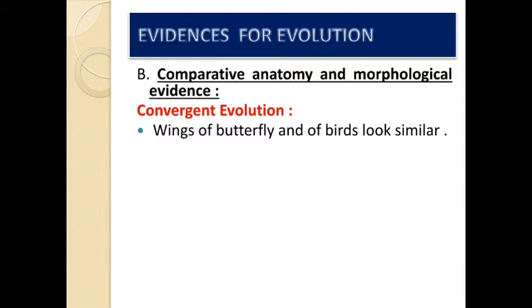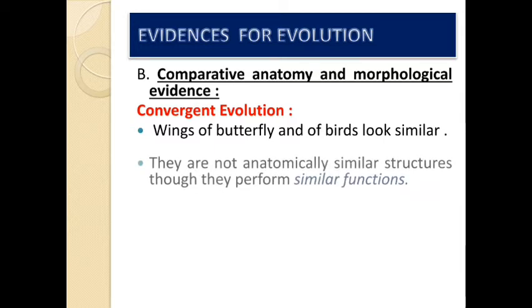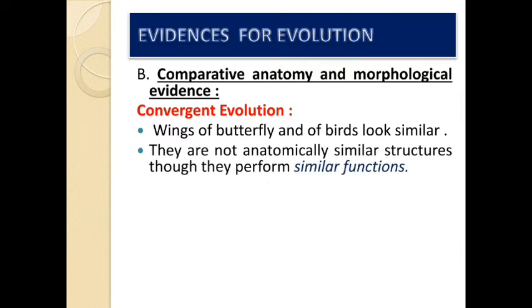For flying. Yes or no? So wings are meant for flight. Clear? But have you seen their structures are similar or different? Their structures are different. The origin of the structures is different, but their functions are similar. Yes or no? So they are not anatomically similar structures.